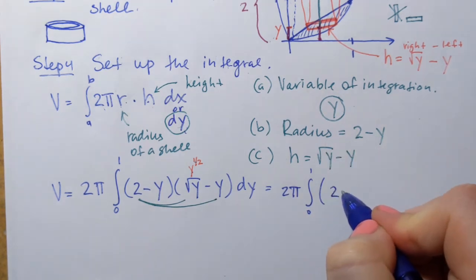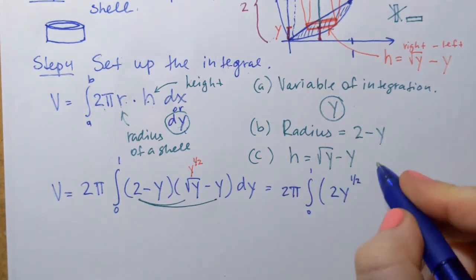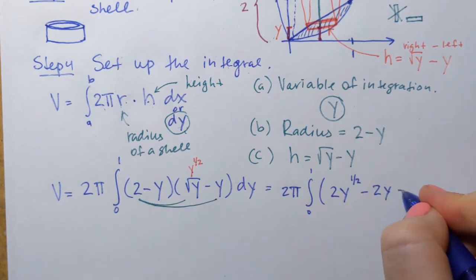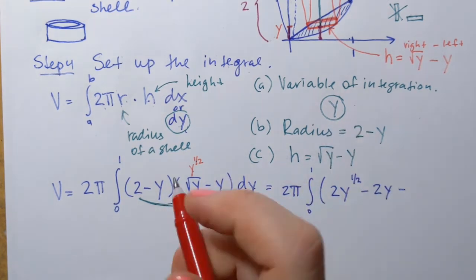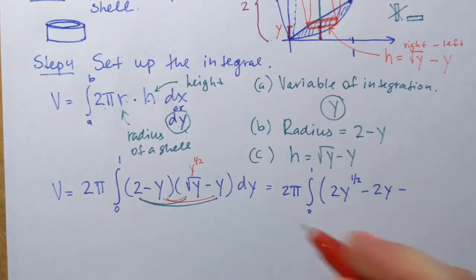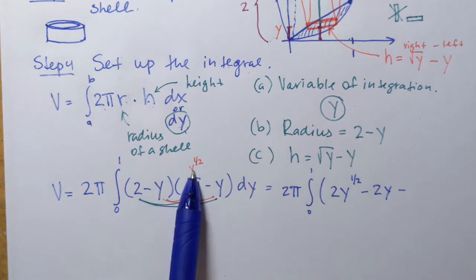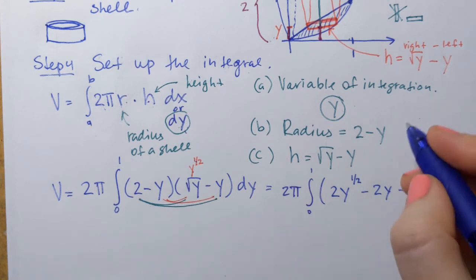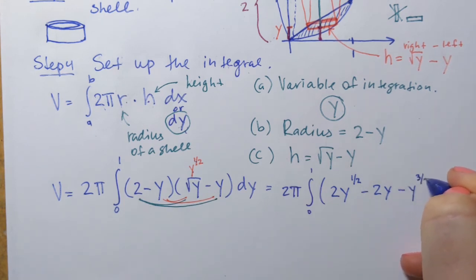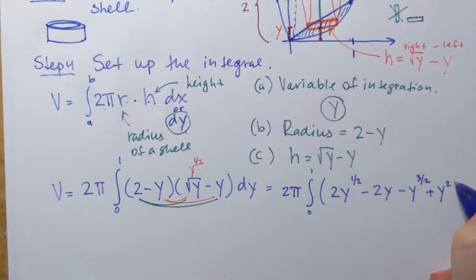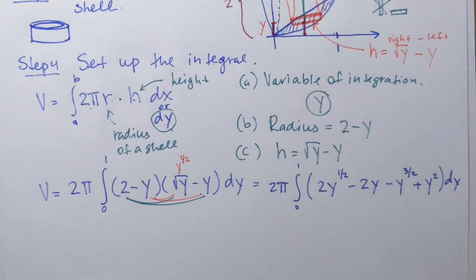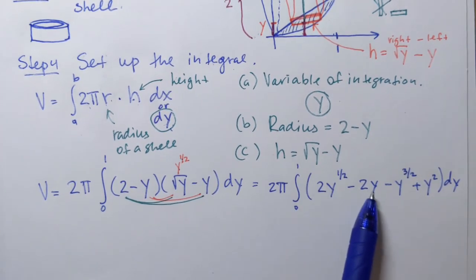So it's 2y to the power 1/2 minus 2y, and then minus. Now I'm doing those two. Okay, so here it's y times y to the power 1/2. I have to add powers. 1 plus 1/2, that is 3/2. Negative times negative gives me positive, plus y squared dy.